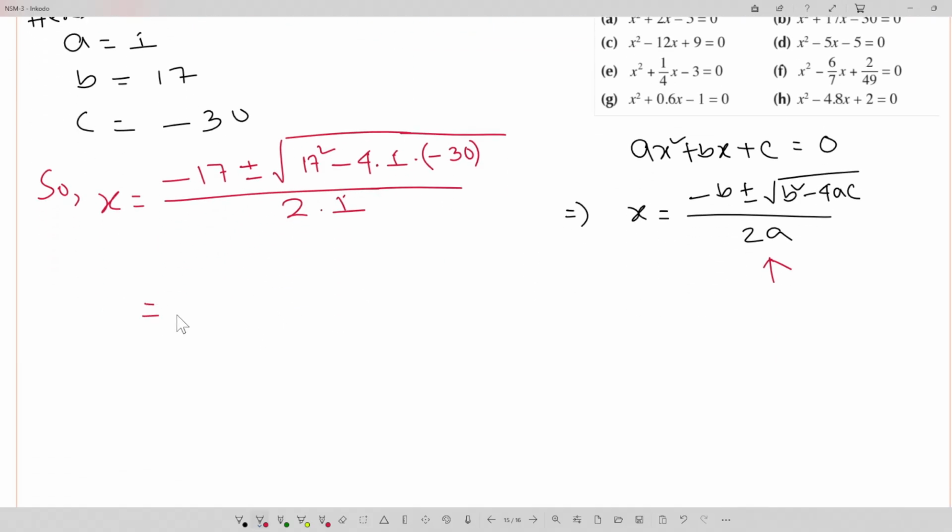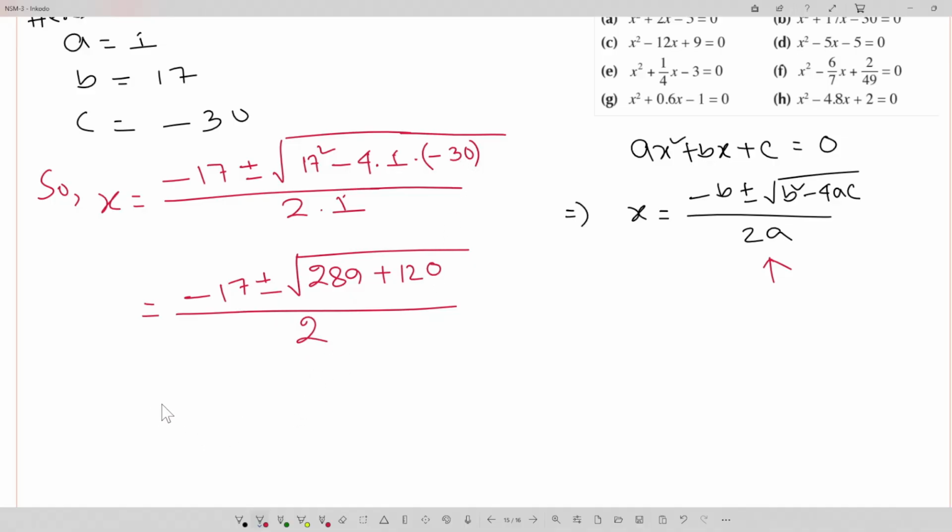Now here is minus 17 plus minus root over, look, 17 times 17 equals 289. 289 minus and minus, it will be plus. 4 times 3 is 12, it means 120, divide 2.